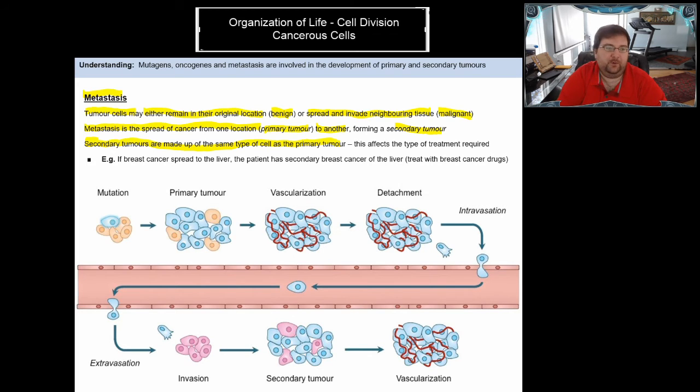So for example, you could have breast cancer spread to the liver, and therefore we would say that that patient has secondary breast cancer, meaning it's a secondary tumor, right? The type of tumor is breast cancer, and it's in a new location. It's secondary breast cancer, and this is breast cancer of the liver.